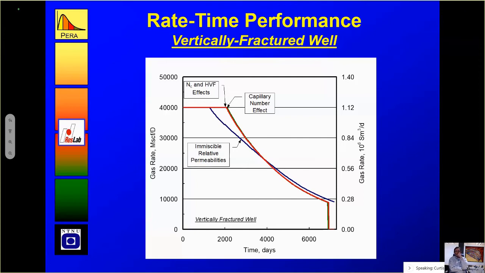Okay? So what you're doing with hydraulic fracture is you minimize the effect, but you can never get rid of condensate blockage.